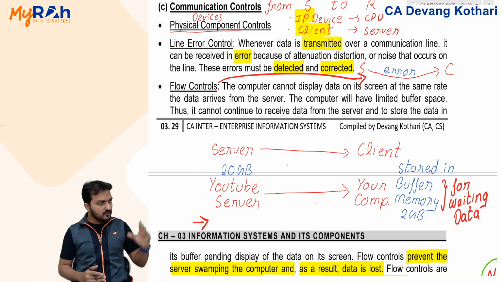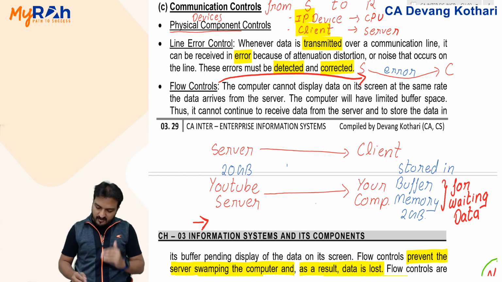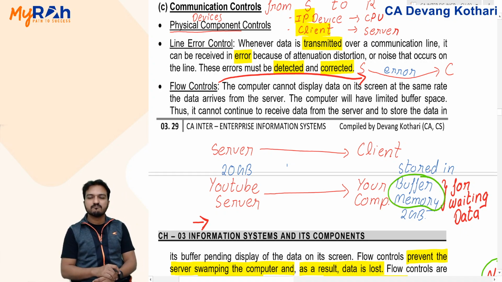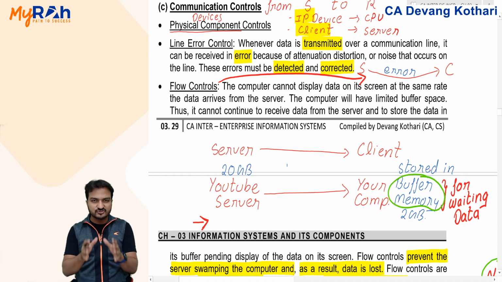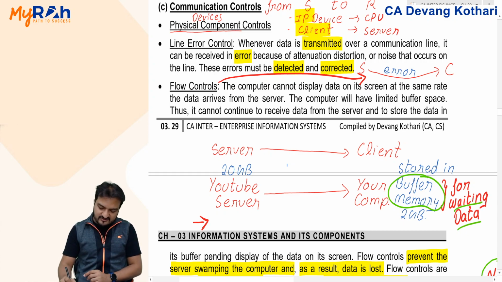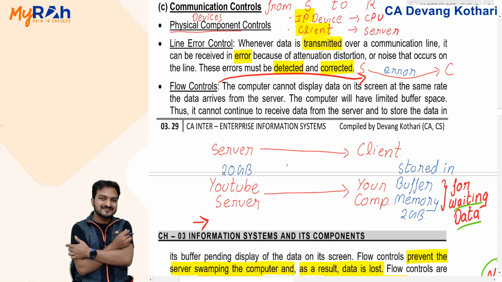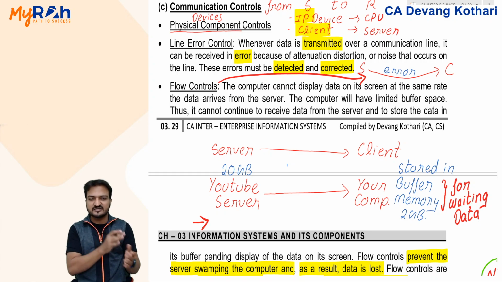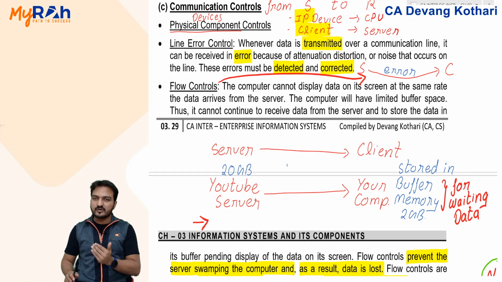So meanwhile, the data which comes from YouTube will be stored in a place called buffer memory. Buffer memory is the storage where this waiting data is stored. So when the server is sending data to your computer very fast, the data is saved in your buffer memory. The CPU will take the data from the buffer memory to process.